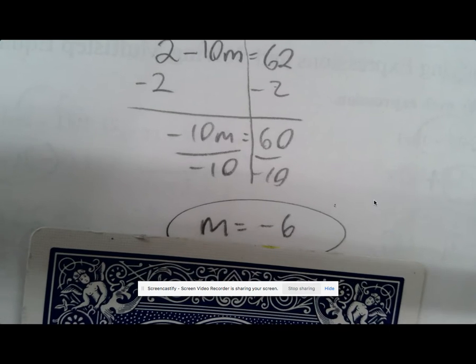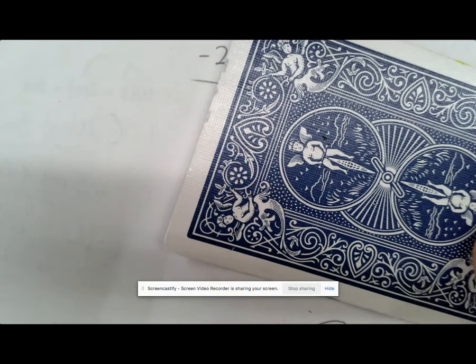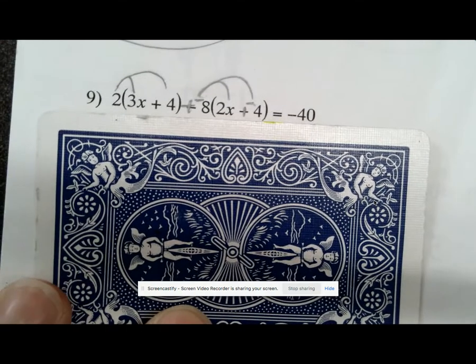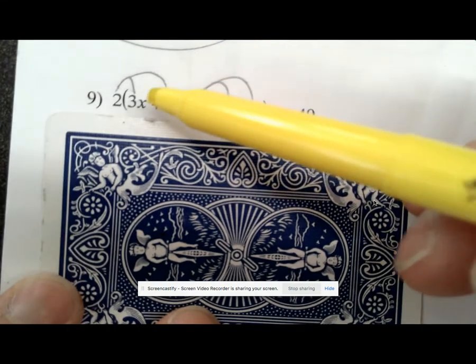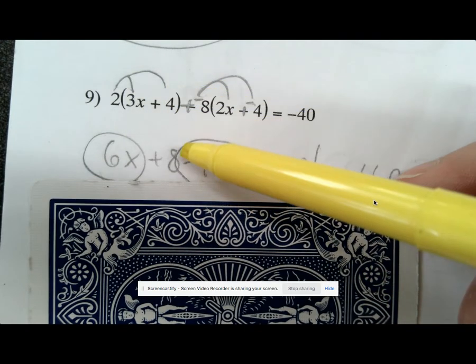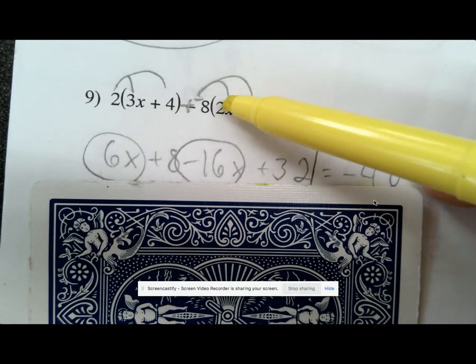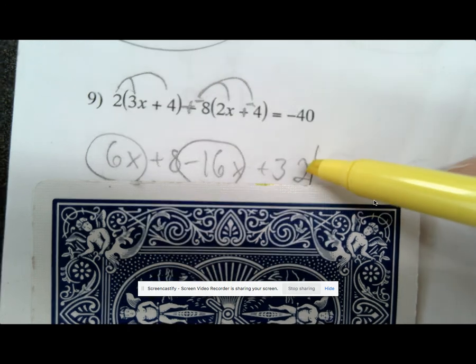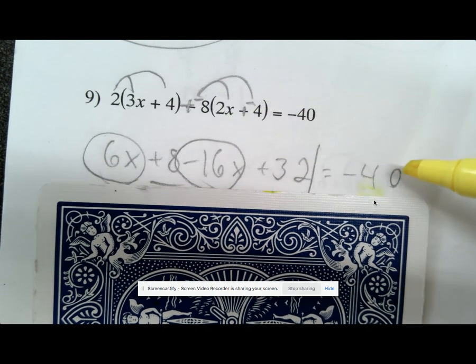Okay, let's do the last two. Number 10 has variables on both sides, so that's good. Number 9 does not, though, has double distributive. So first distributive gives you 6x plus 8, and this is a -8 times 2, a -16. -8 times -4 is +32, equals the -40.